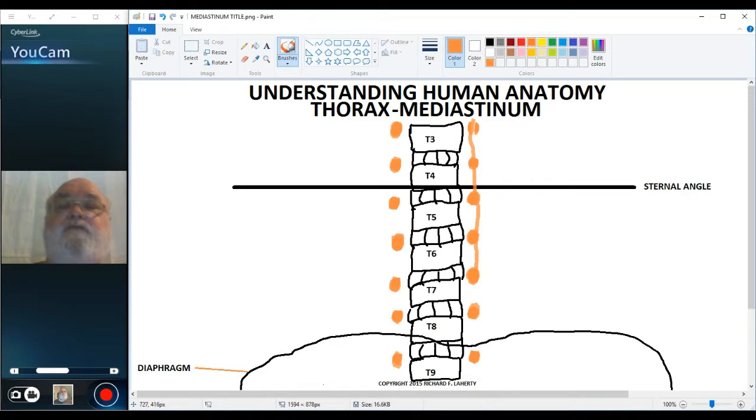There is nervous tissue running between these ganglia up and down the length of the torso in the gutter next to the vertebra from the beginning of the thorax to about the middle of the lumbar region. So these are the sympathetic chain ganglia.